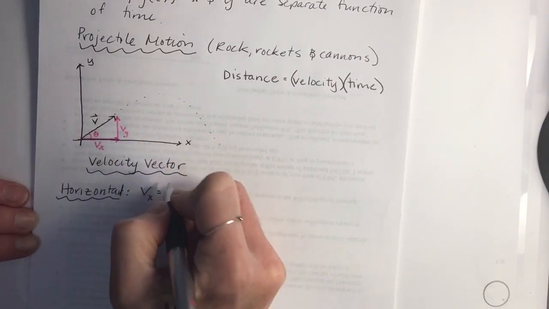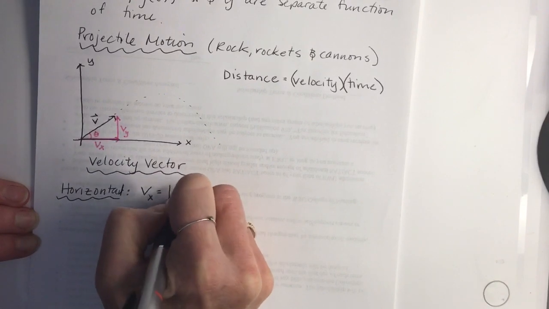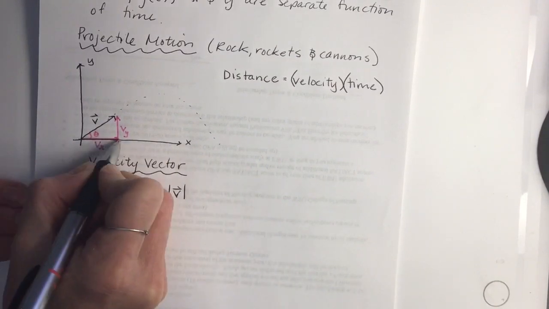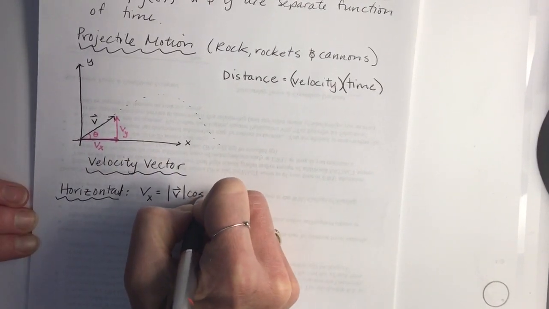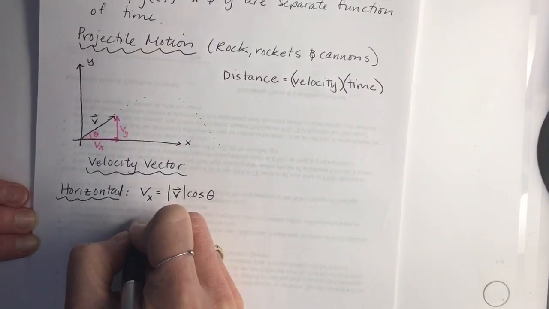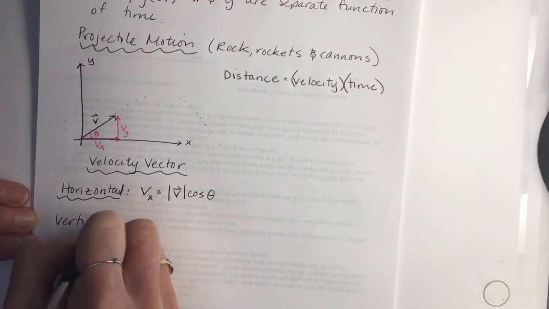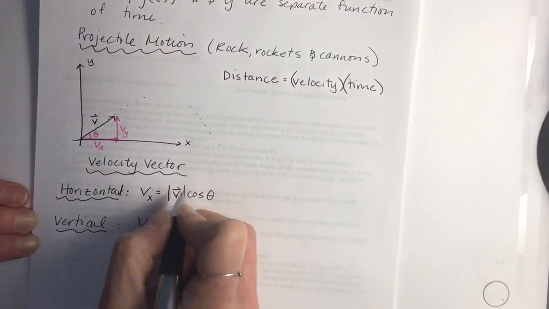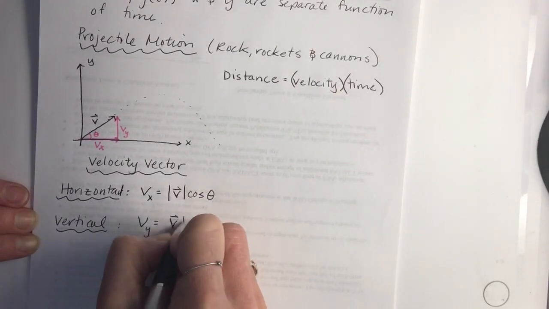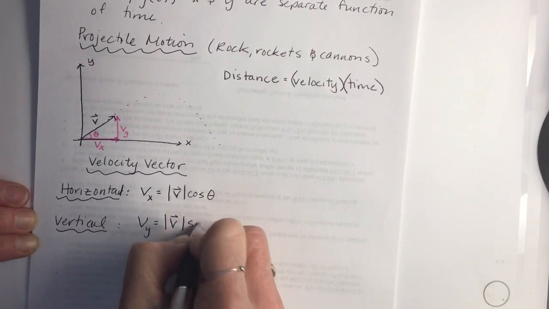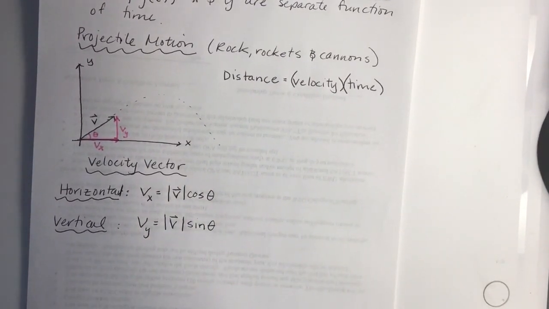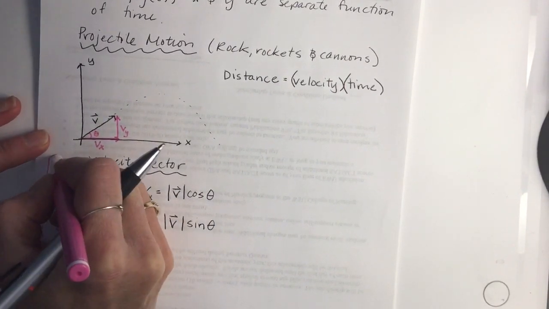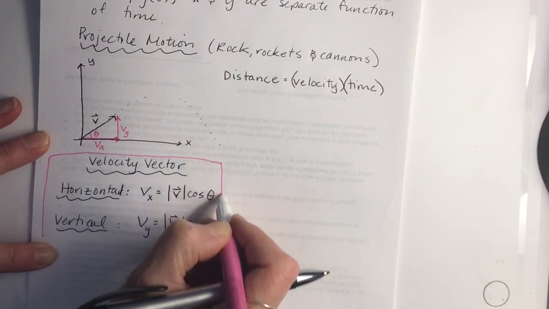So v sub x is equal to the magnitude of v, which we show with those line symbols, the magnitude of v times, you got it, cosine of theta, and the vertical component is the v sub y, and that's going to be also the magnitude of v, but sine. So we're using our trig functions again, right? Okay, let's put a box around that. That's important. Velocity vectors can be split up, right, into their components.